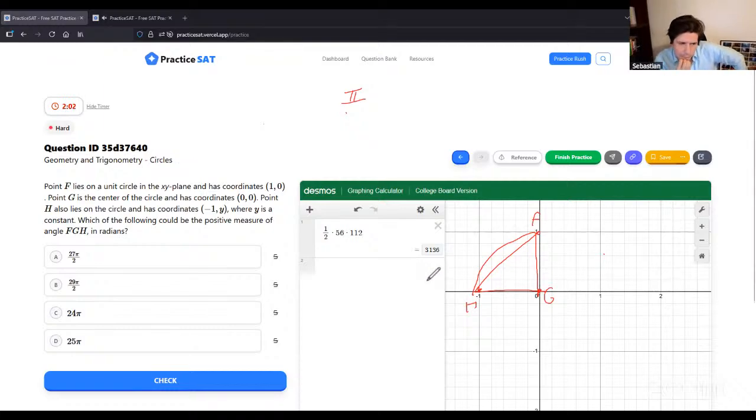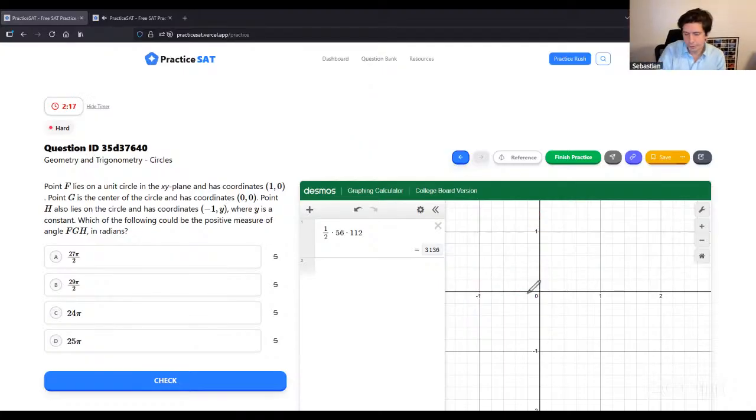What's going on with this one? Lines and circles. Oh my gosh. Did I misread this? 1 comma 0. I did 0 comma 1. Again, I'm off my game here with this.